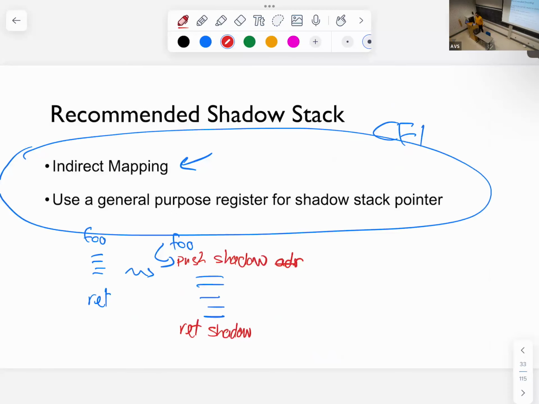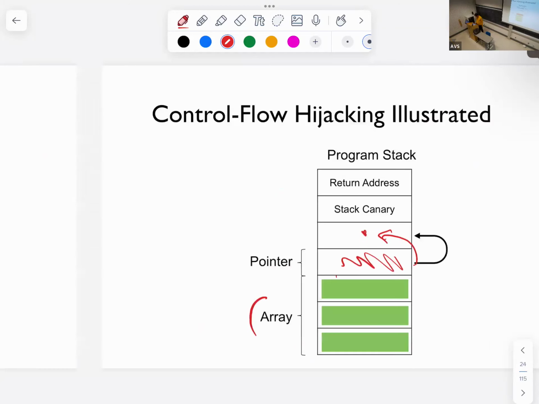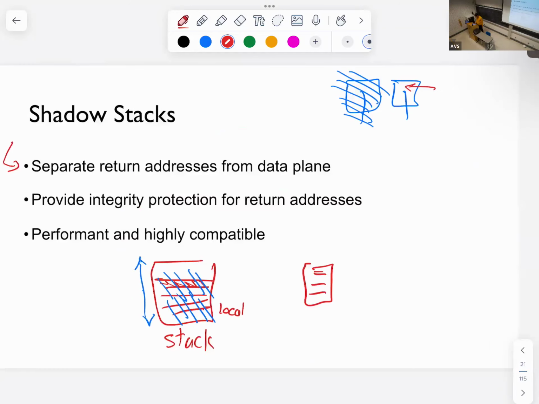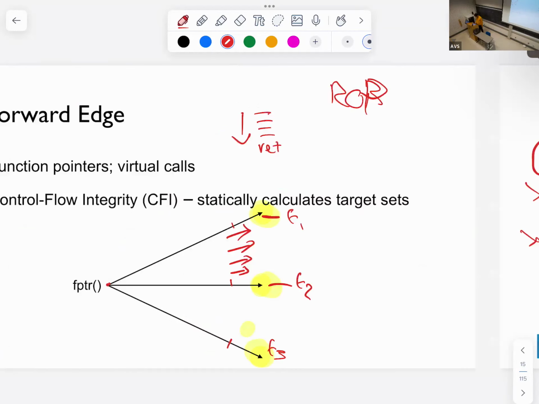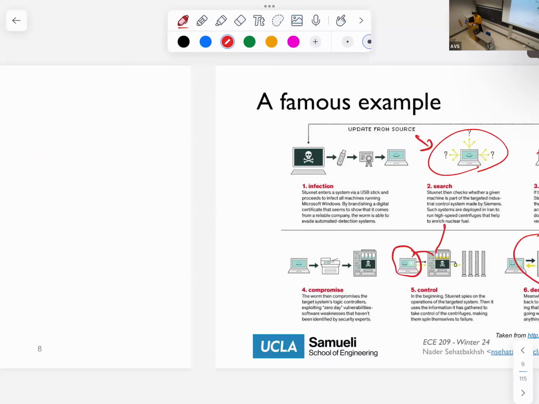All right, so if you remember, we started talking about control flow integrity and control flow attestation.